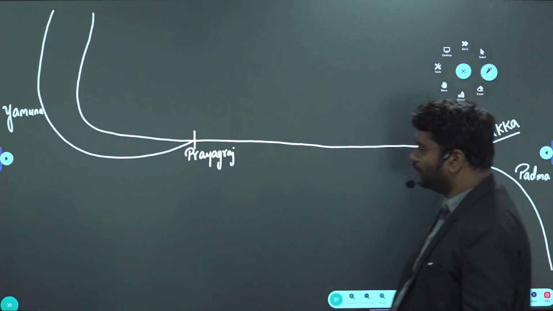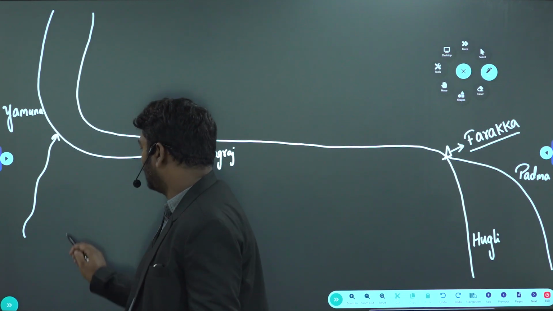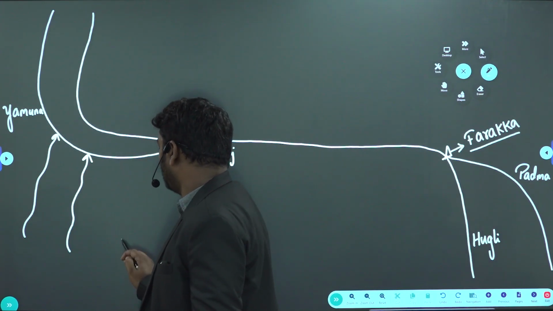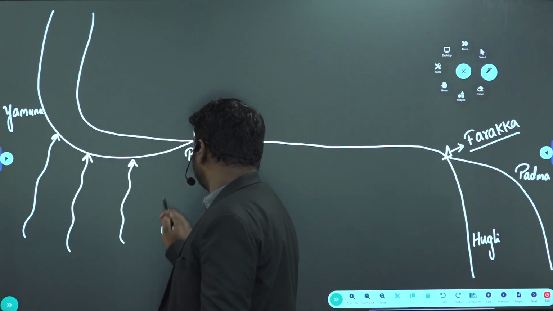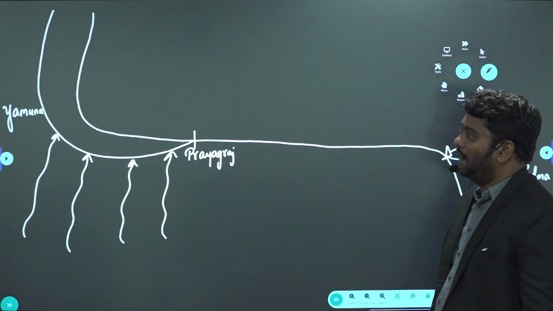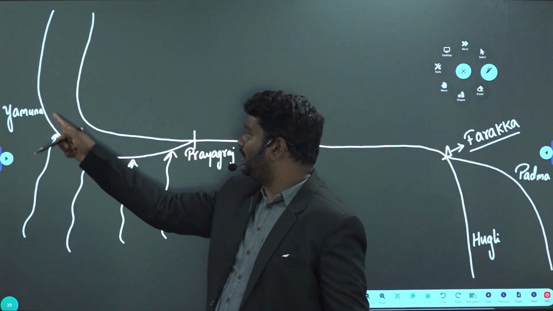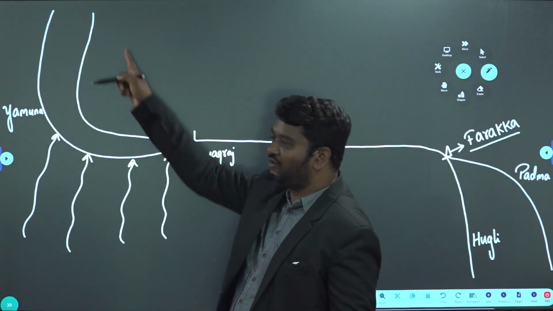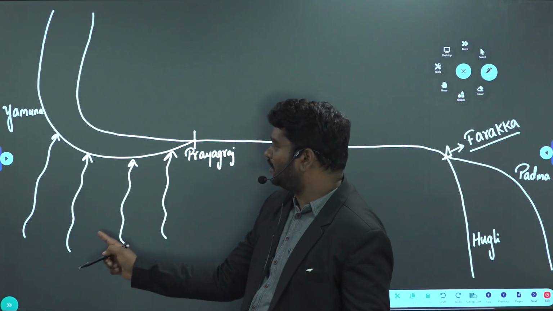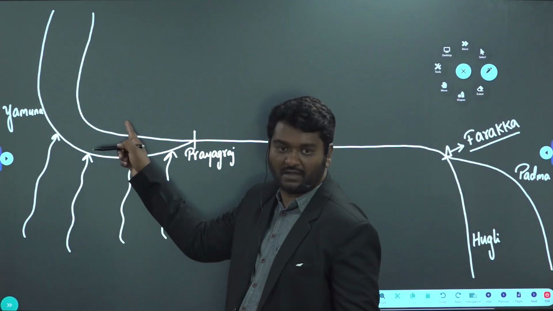But I want you to know, rivers join from both peninsula and also Himalayas. As Yamuna is in between, everyone see here, Yamuna is actually acting as a barricade for Ganga. So all the peninsular rivers will join Yamuna rather than joining Ganga, right?